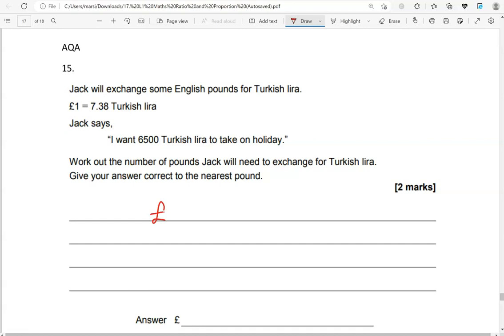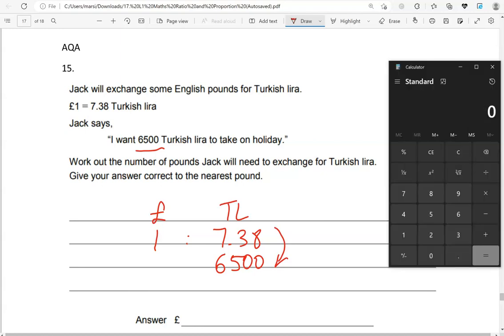So the ratio is 1 pound to 7.38 Turkish lira. So if he wants 6,500 Turkish lira, we need to put it under Turkish lira. We're going to need to divide 6,500 by 7.38, which is 880.76.